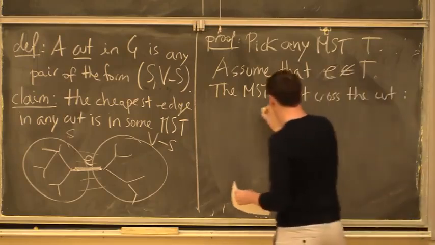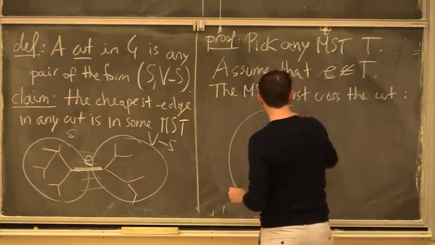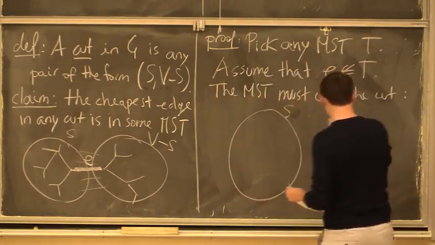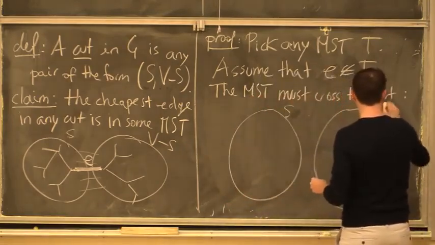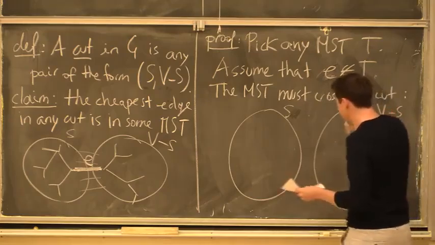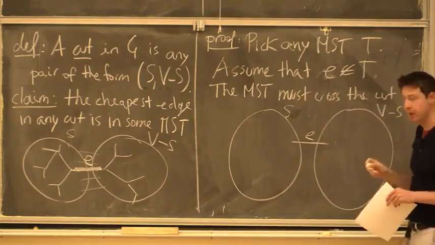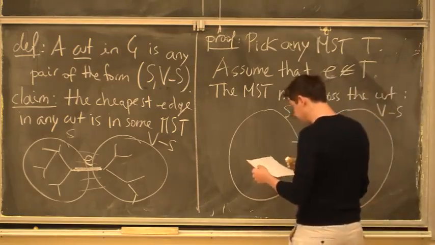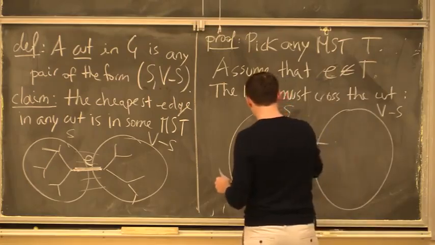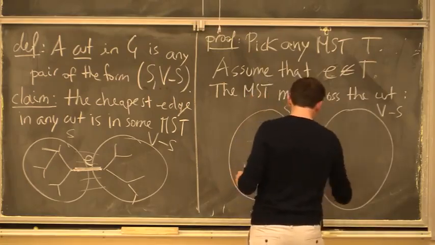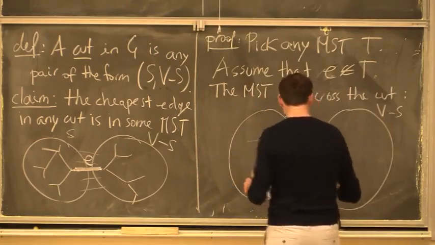So here's a picture. We had our cut that we chose. We had a cheapest edge, but for now, it's off somewhere. Then we have our MST that we pick. It crosses somewhere. Let's call that place E prime.